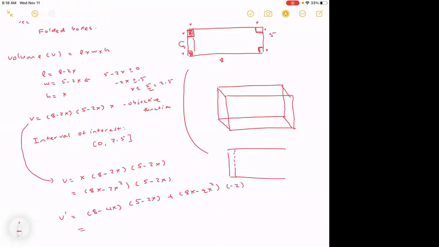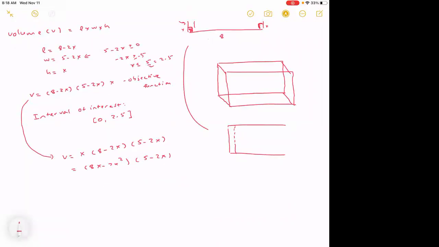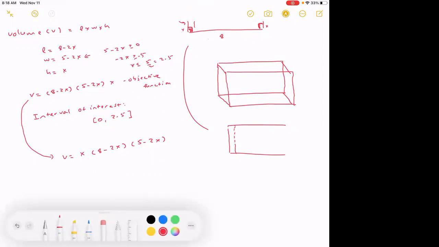Let's simplify this. You know what? Let's multiply this all together. I think that will be easier for you. That's what I mean. Keep x, FOIL this one.